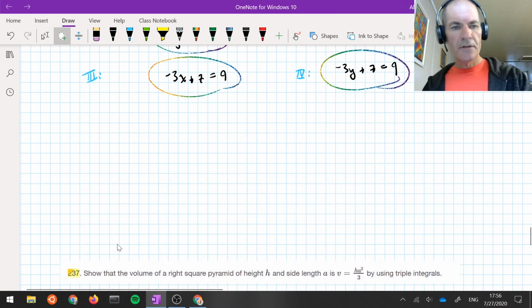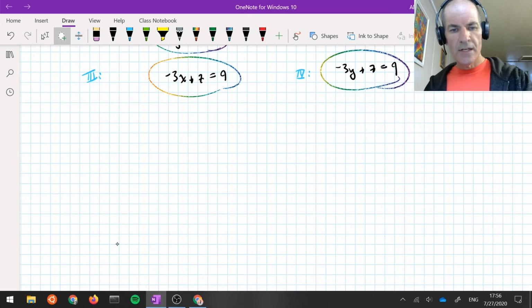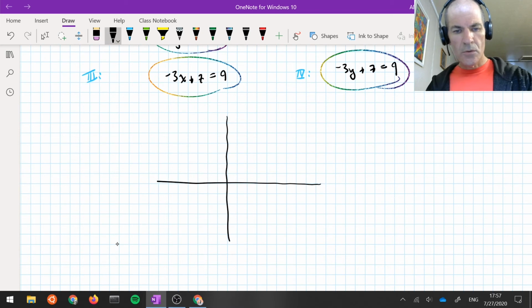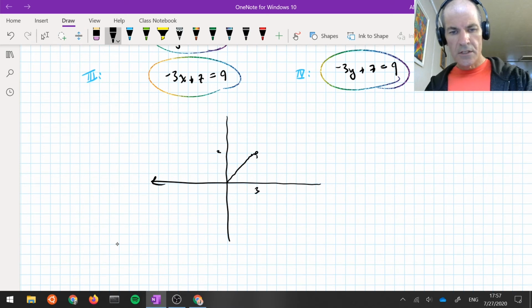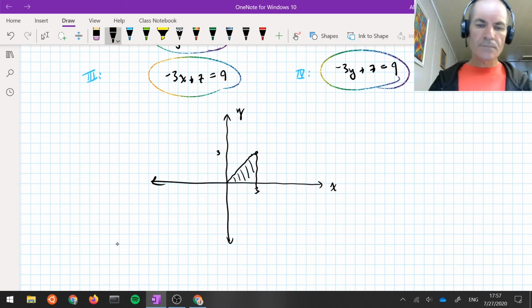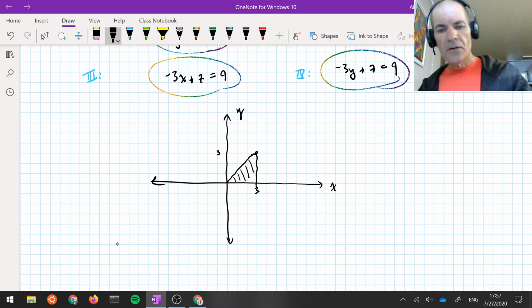In the first quadrant, so let's just get rid of all the clutter and look at the first quadrant. That's something like this. And there's 3, and there's 3, and all we really care about is this region in the XY plane, right? Okay, let's integrate with respect to z first, dz, then we'll integrate with respect to y, and then with respect to x.